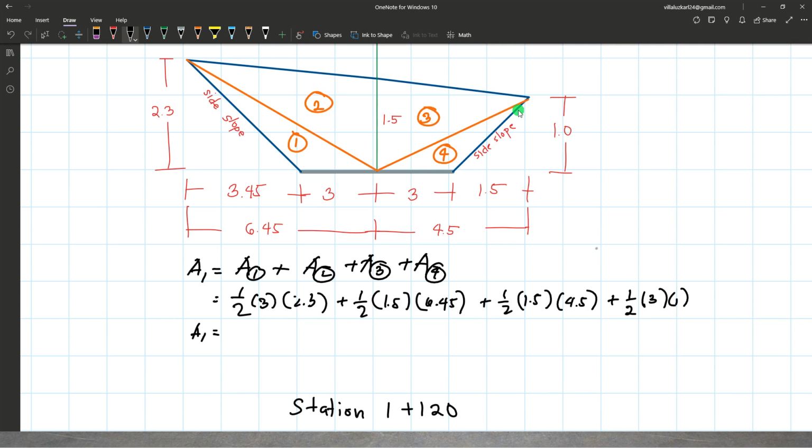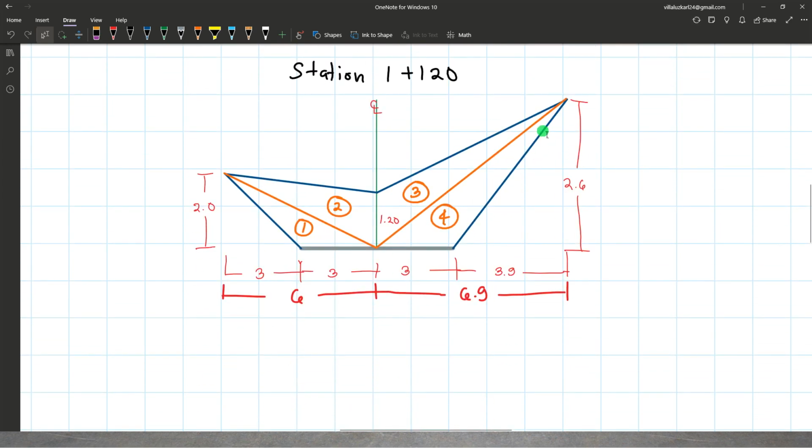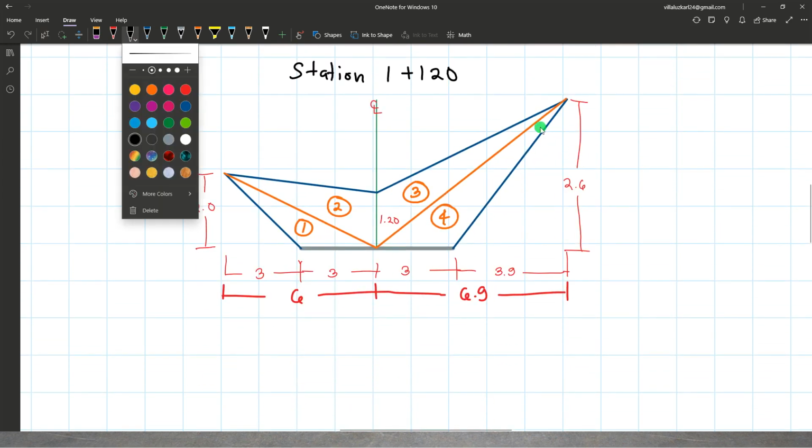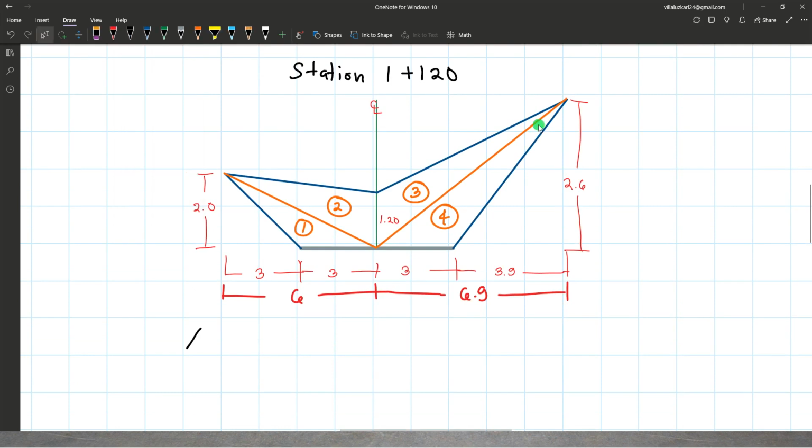Okay, area 1. Now when you compute, you have 13.1625 square meters. So station 1 plus 120, same procedure, divided into 4 areas.